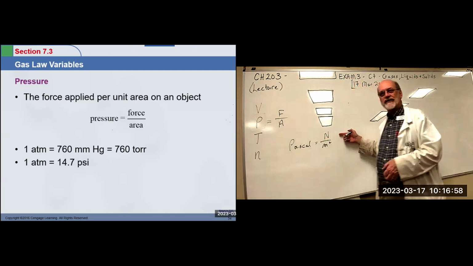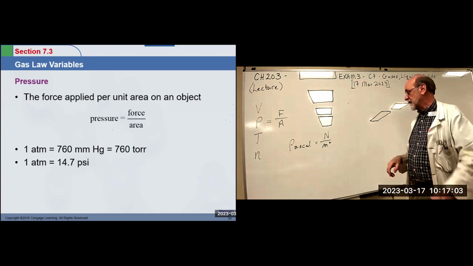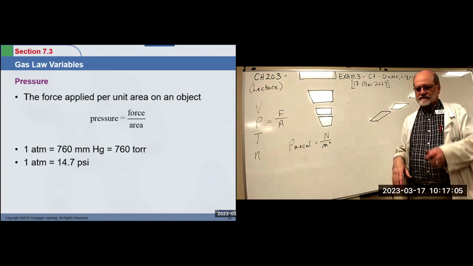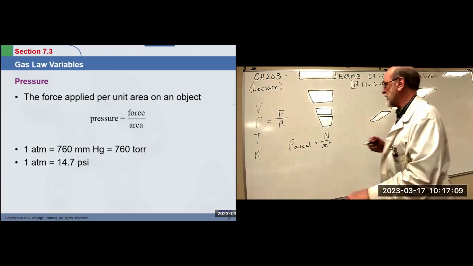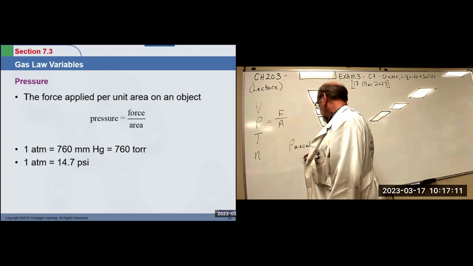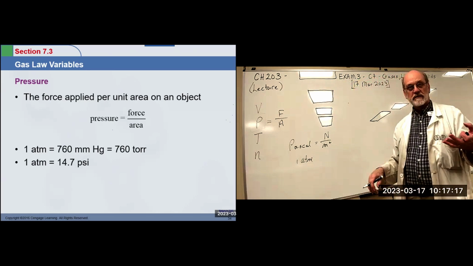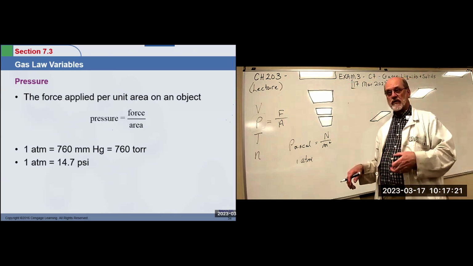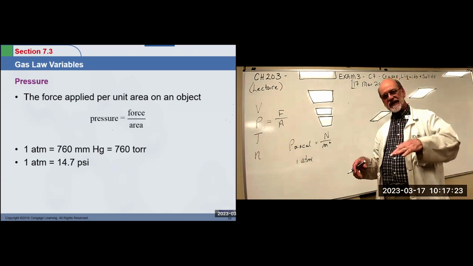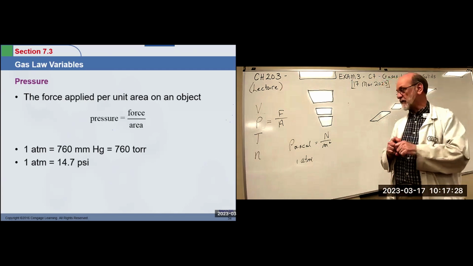And the Newton's a derived unit too, so you get a derived within a derived. But we're not going to use Pascal. We find it more convenient to use some other units of measure. In fact, we're going to use atmosphere. 1 atmosphere is simply the pressure that is exerted on any gauge or your body at sea level and room temperature.